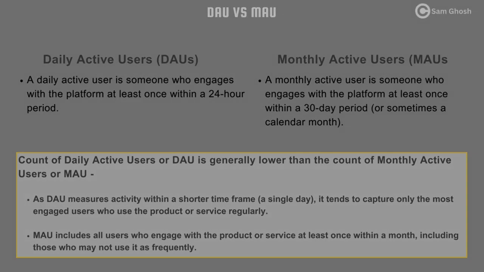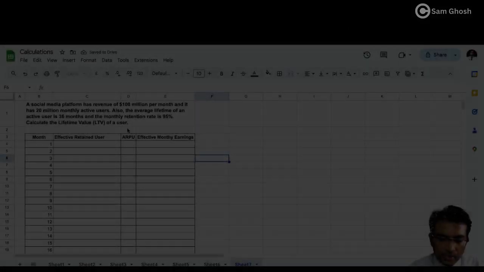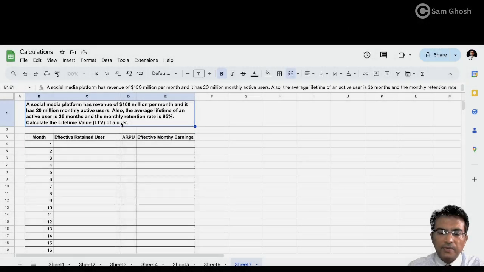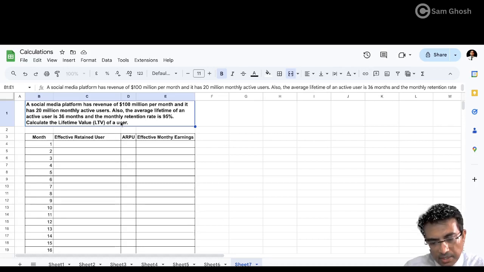Now coming back to our calculation. So we are dealing with this problem. A social media platform has revenue of $100 million per month and it has 20 million monthly active users. Also, the average lifetime of an active user is 36 months and the monthly retention rate is 95%. Calculate the lifetime value of a user or LTV for a user.